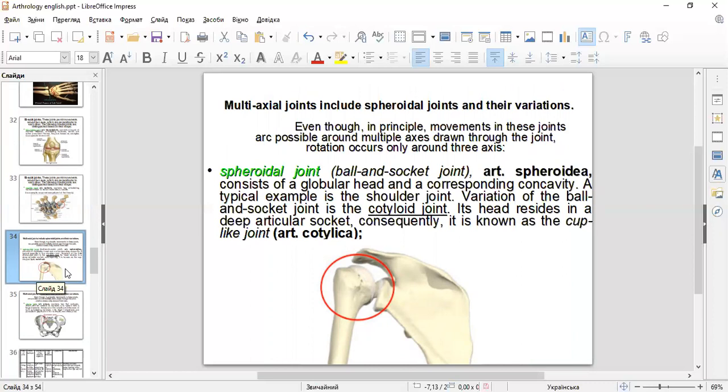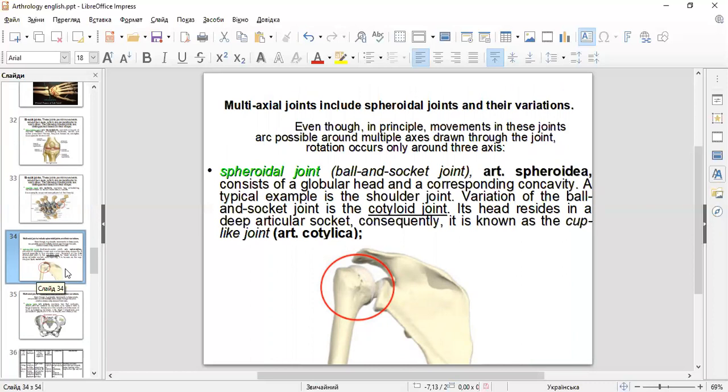Spheroidal joint, ball and socket joint, articulatio spheroidea, consists of a globular head and a corresponding concavity. A typical example is the shoulder joint.